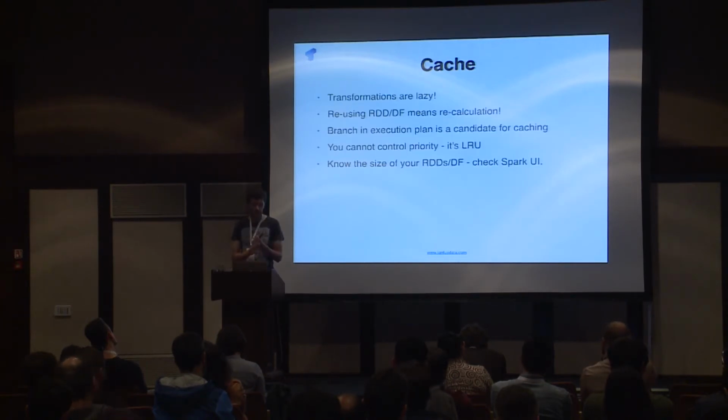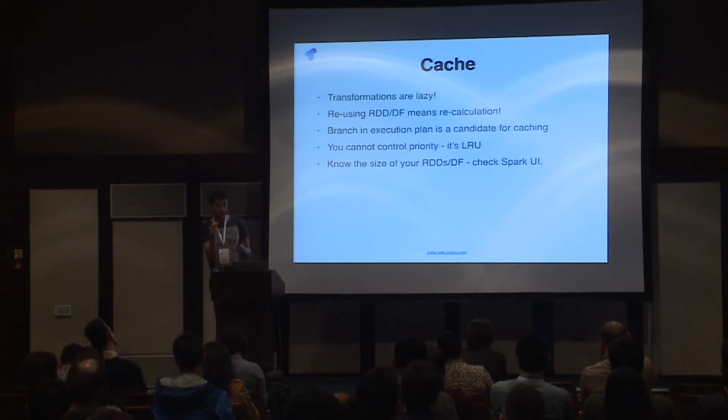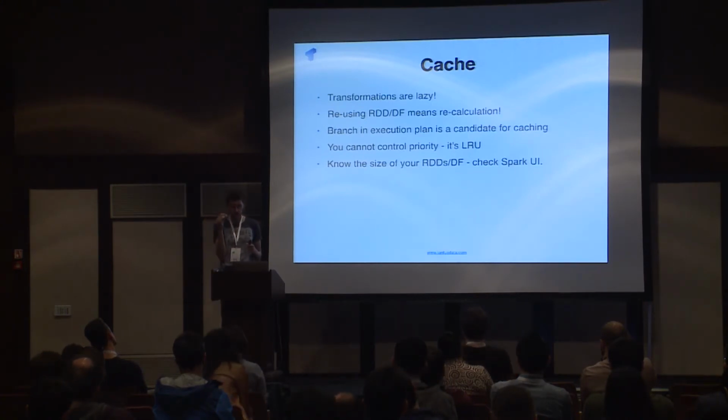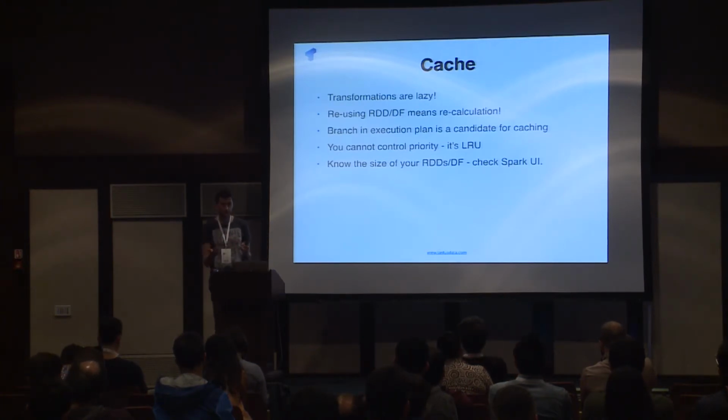So whenever you can see a branch in your execution plan, whenever you reuse your data set, that is a candidate for caching. But when you plan your caching strategy, it is really important to understand how heavy the computation is and how large the data sets are, because you cannot pin an RDD to memory.